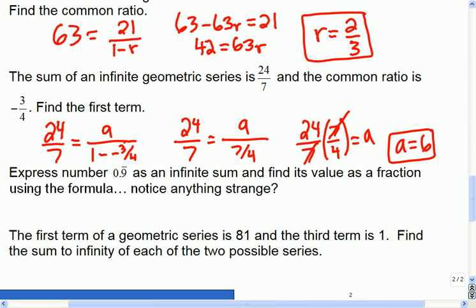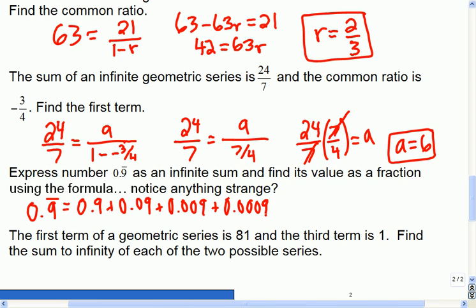So that's what I wanted to show you. I'll give you a hint here. What I want you to do is write this as 0.9 plus 0.09 plus 0.009 plus, and keep going. So you tell me, if you do this infinite series, what do you get?